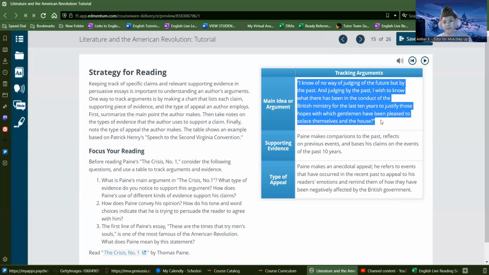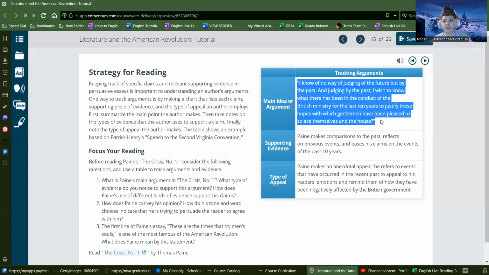They needed more bodies to fight. So he's making the argument here that for the people who don't support the war, that think that everything is just going to blow over, what have the British done in the last decade, the last 10 years, that makes them think that after the American Revolution is over, regardless of if they win or lose, that Britain is going to be nice to the people who are left over?